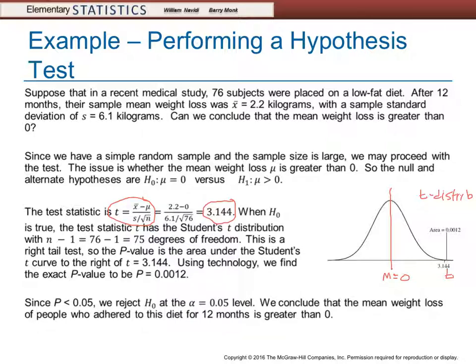When H naught is true, the test statistic t has a student t distribution with 76 minus 1 degrees of freedom. This is a right-tailed test, so the p-value is the area under the student t-curve to the right of 3.144. It's right here.